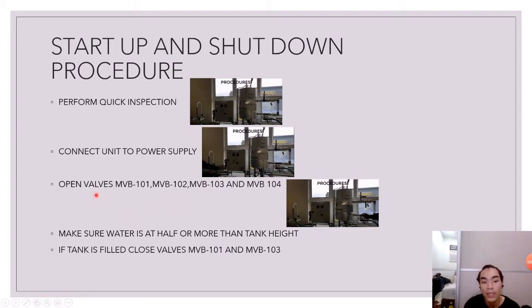Then we have to open specific valves, MVB 101, MVB 102, MVB 103, and MVB 104. Then we have to make sure the water is at half or more than the tank height. If the tank is filled, close valves MVB 101 and MVB 103.